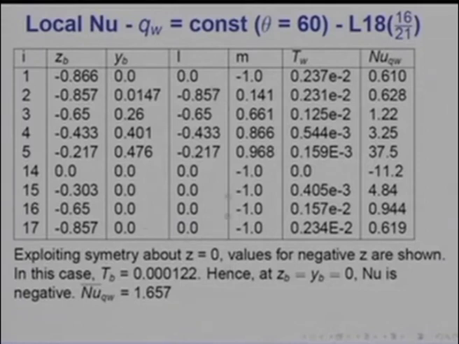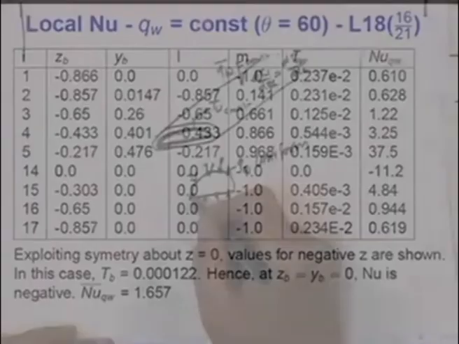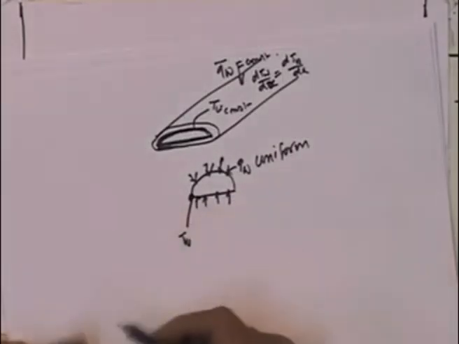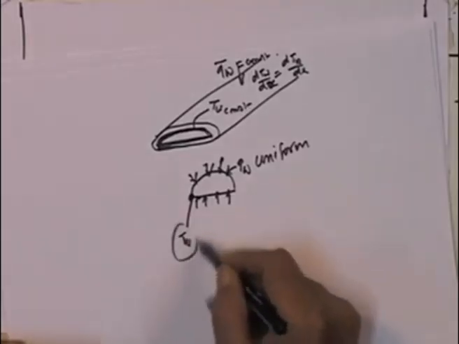This is the L and M, and now you can see what the wall temperature looks like. The wall temperature is 0.237 e to the minus 2 at point 1, which is the point over here, TW, and it is the highest value.